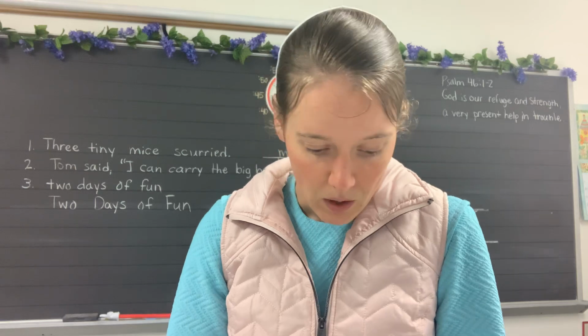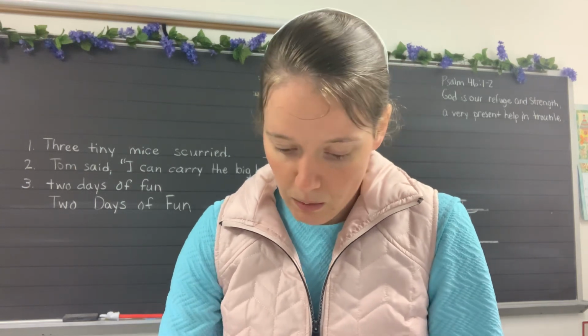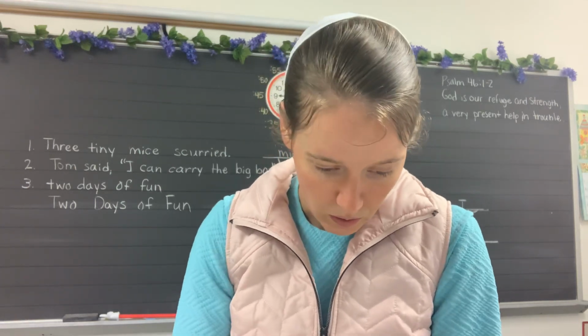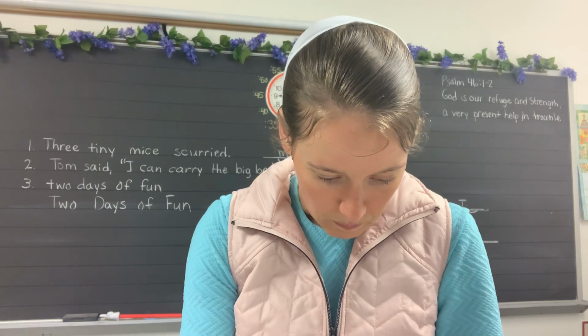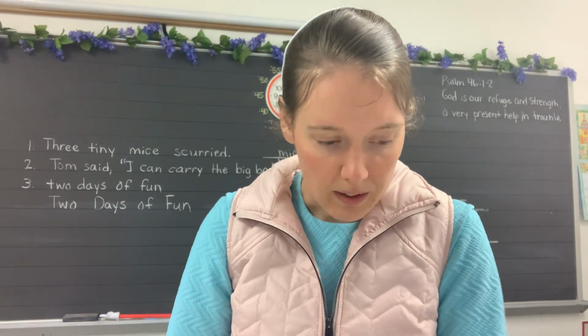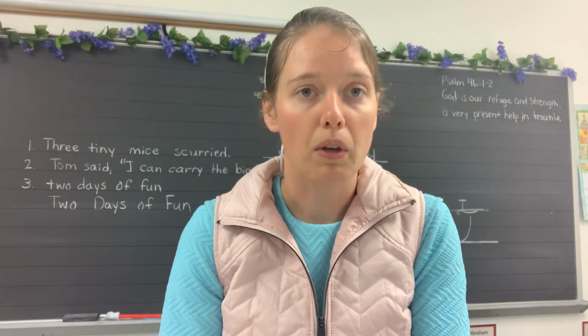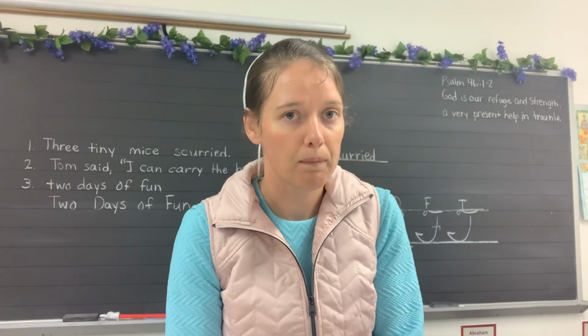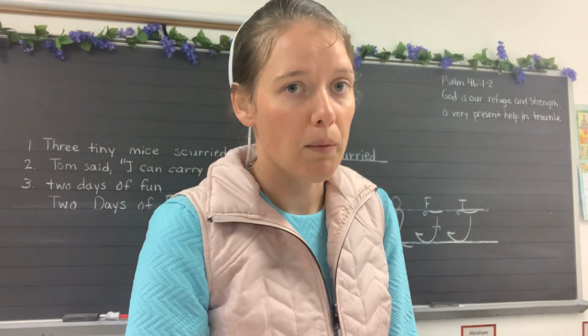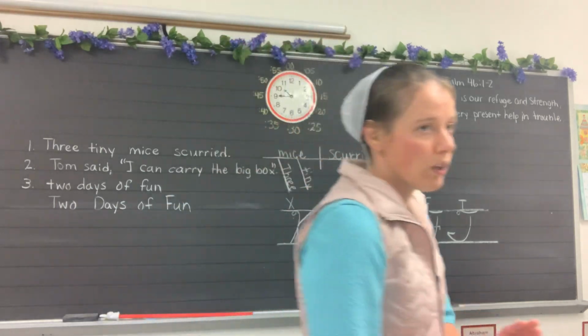So let's see. I think we got about everything covered. Let's think about guide words and entry words in the dictionary. Now, just a minute. I'm going to go get a dictionary to really show you how.